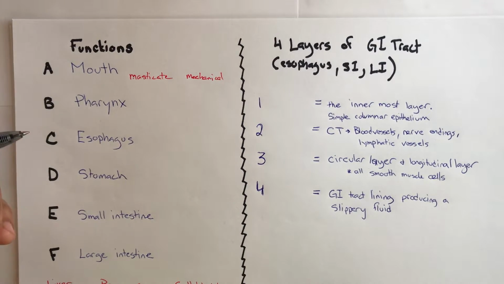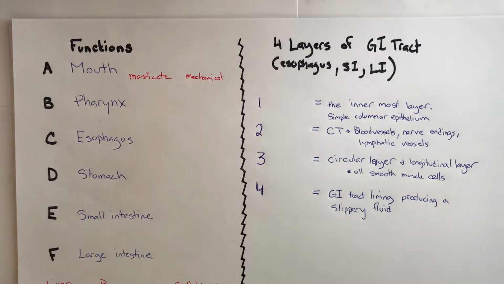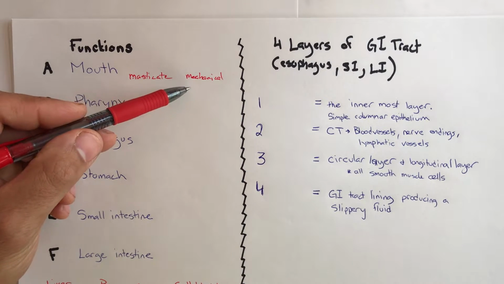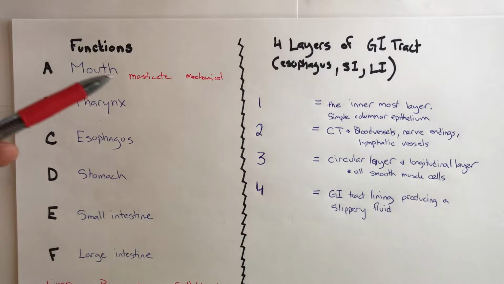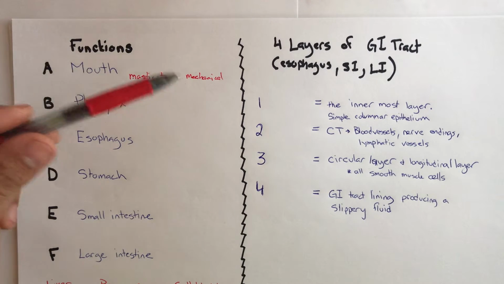The mouth also secretes an enzyme called amylase. Amylase helps break down complex carbs into smaller, simpler carbs. And so we actually have mechanical and we actually have a little bit of chemical digestion right in the mouth. Mostly, we're talking mechanical.